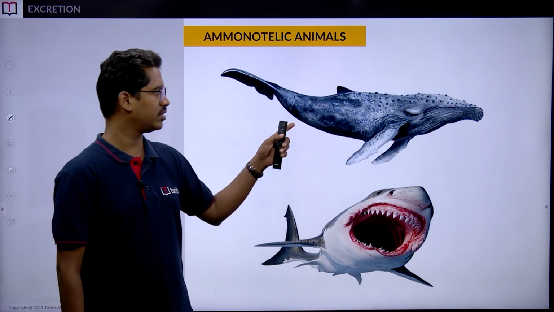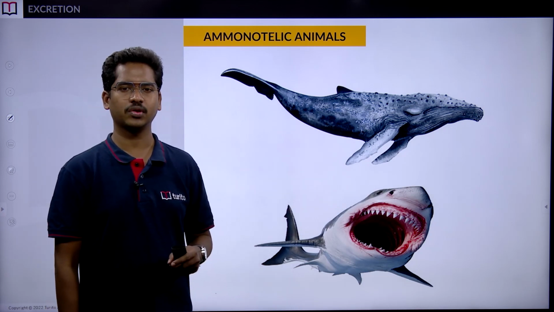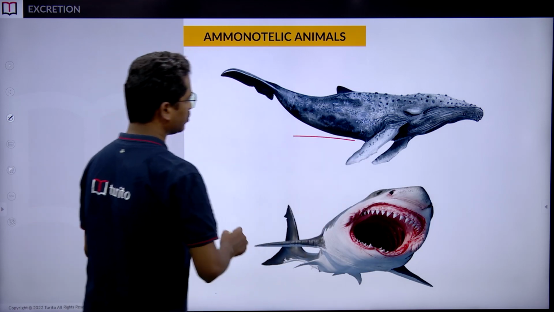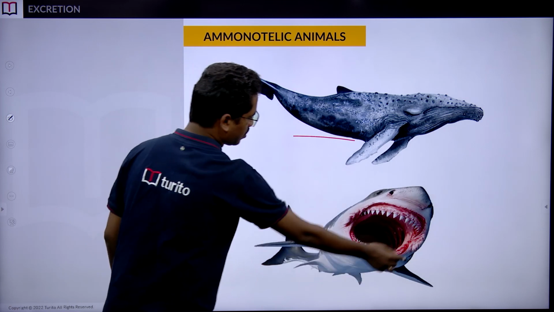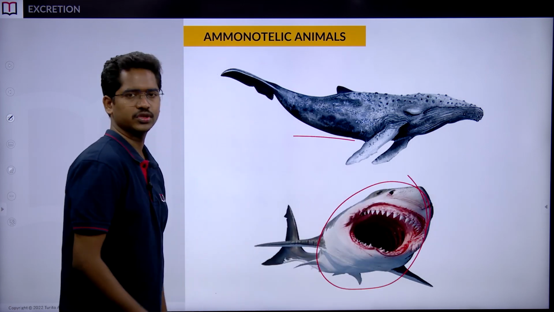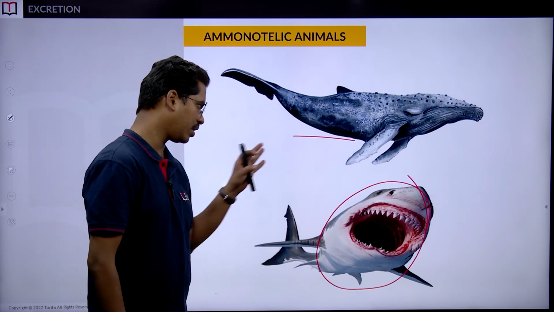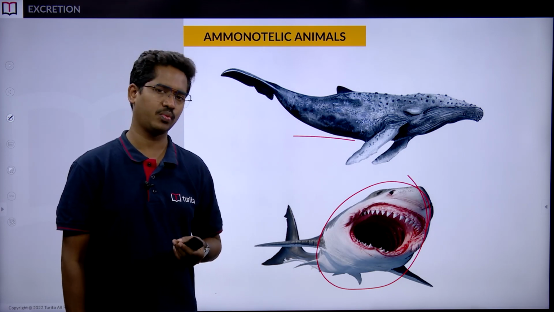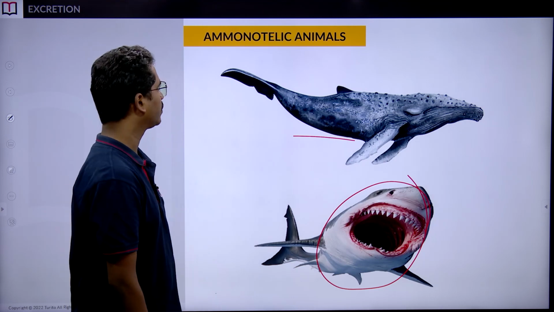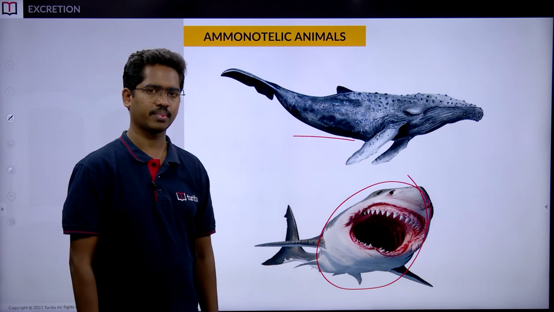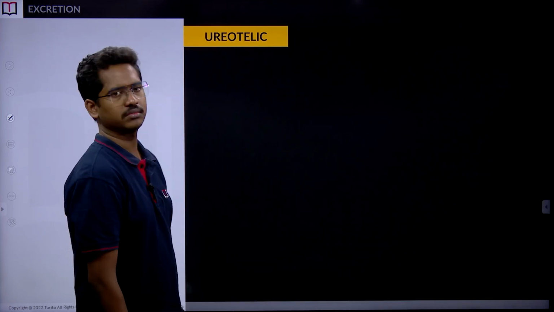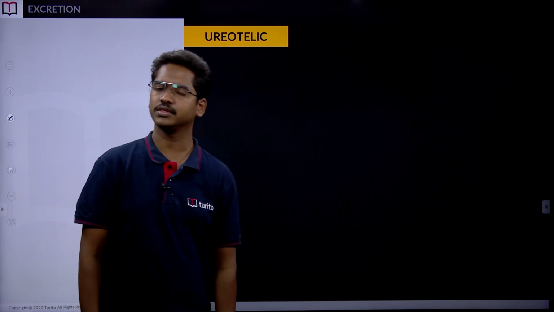So this is the world's largest mammal, the blue whale, and you see there is a shark opening its mouth and showing us all its teeth. So these are some of the animals which release nitrogenous wastes in the form of ammonia, right. So that is ammonotelic, followed by ureotelic. Can anyone tell me what the waste material is in the case of ureotelic?